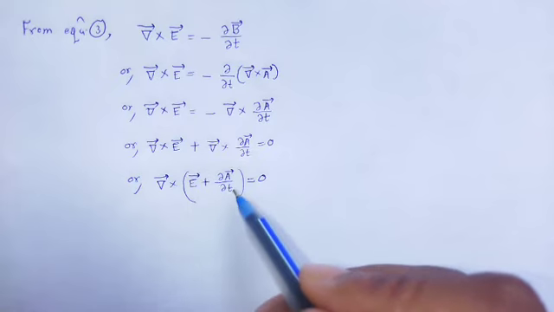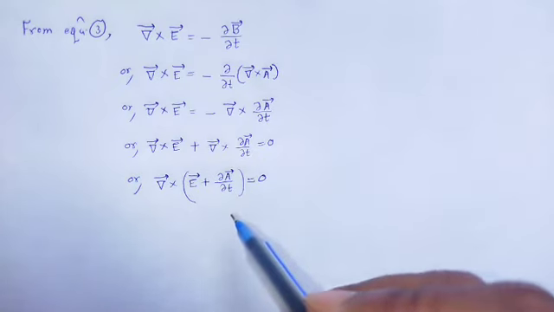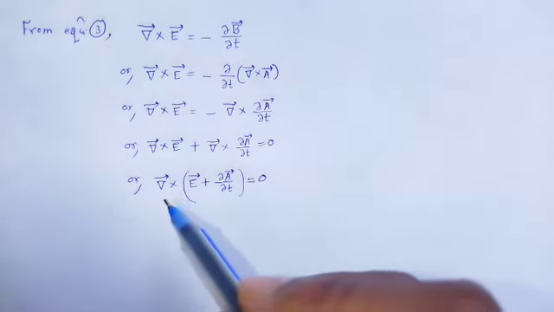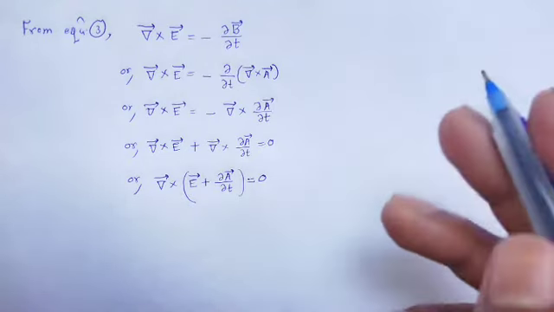If the curl of something is equal to 0, then that term is called irrotational.